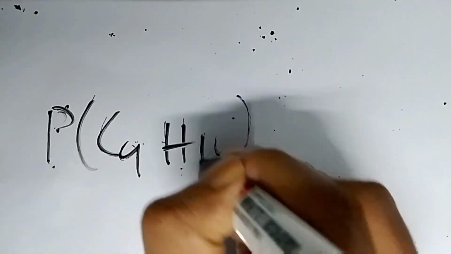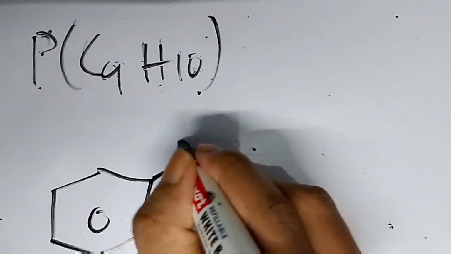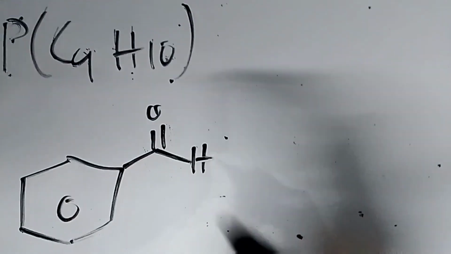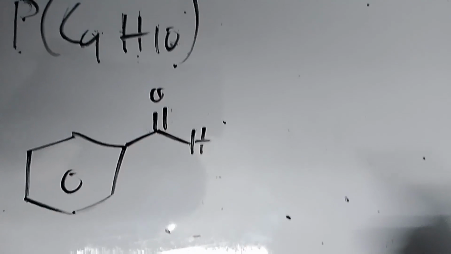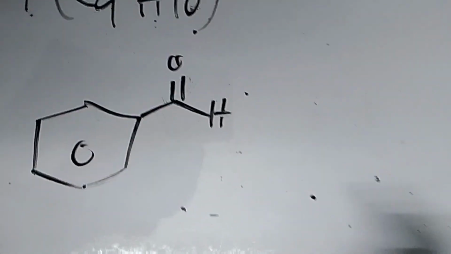The question says that we have a compound P, which is C9H10, and this compound gives benzaldehyde on reductive ozonolysis, accompanied by an aliphatic aldehyde, and the aliphatic aldehyde in turn gives a positive iodoform test.